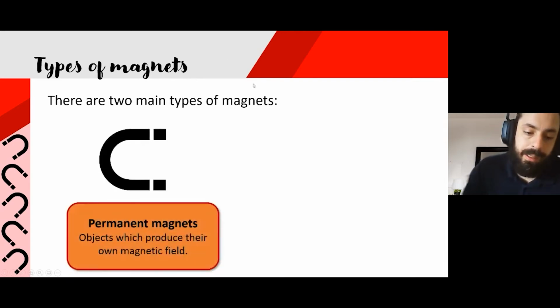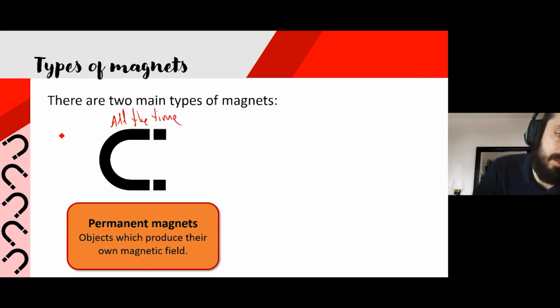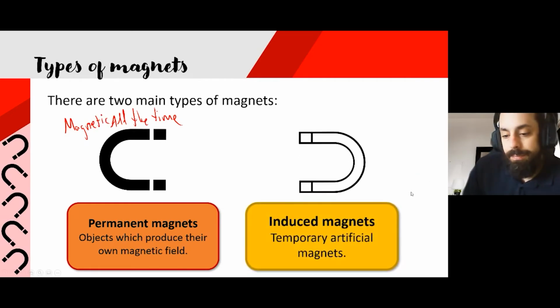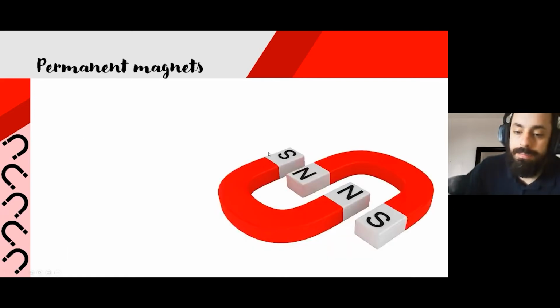We've got the permanent magnets, which are magnetic all the time. And then we've got induced magnets, which are only temporarily magnetic, so not all the time.